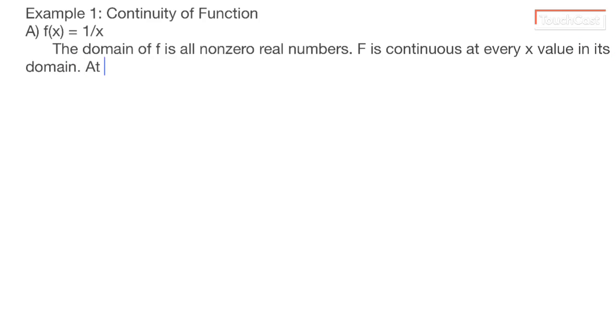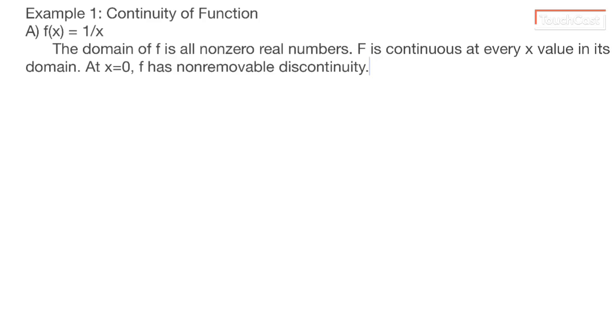However, at x equals 0, f has what we're going to call non-removable discontinuity. In other words, what we say is there's no way we can say f of 0 exists.